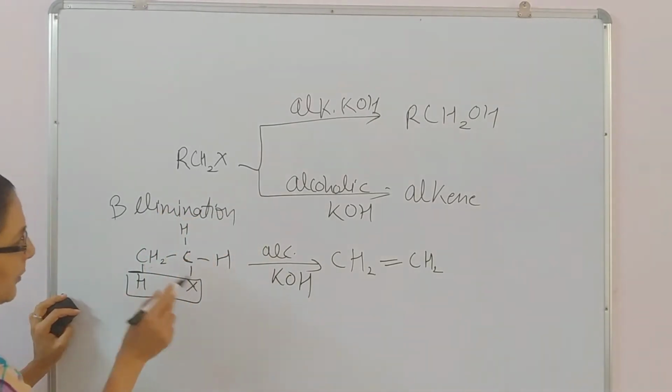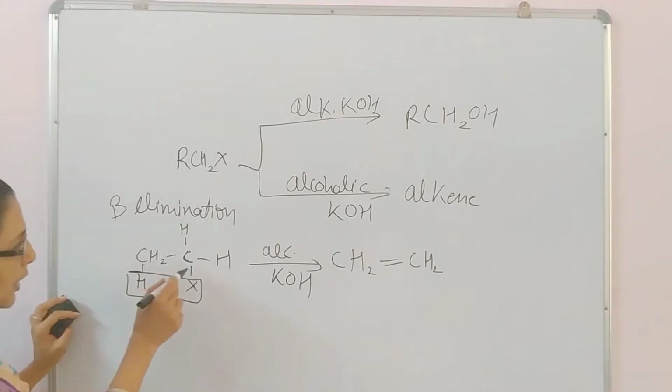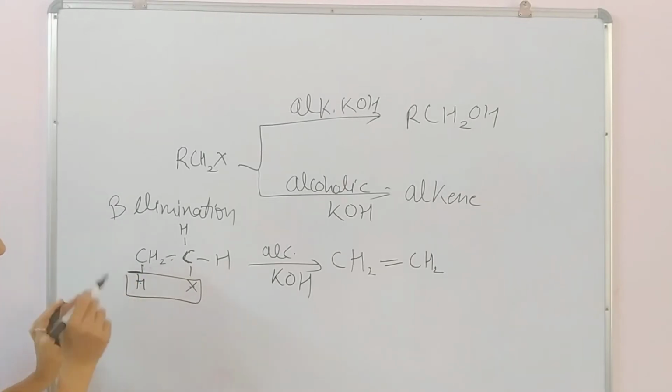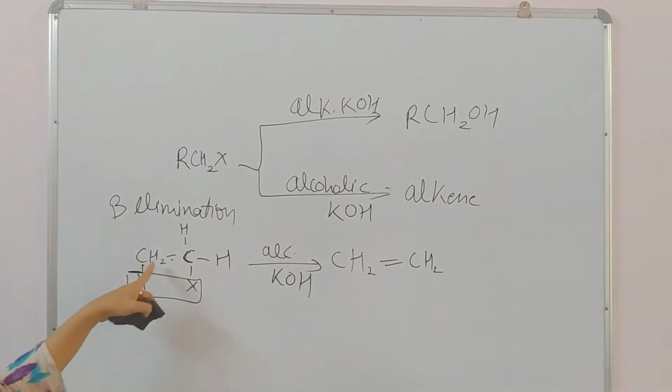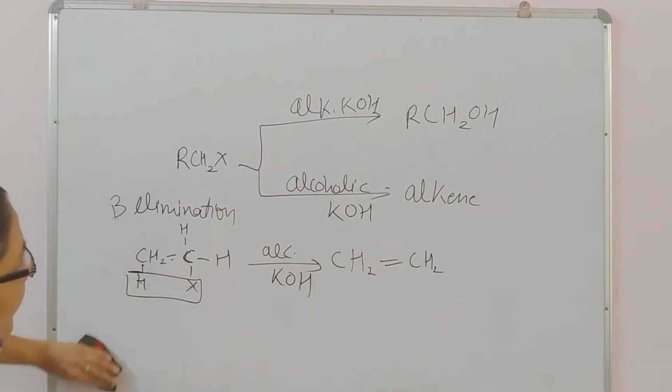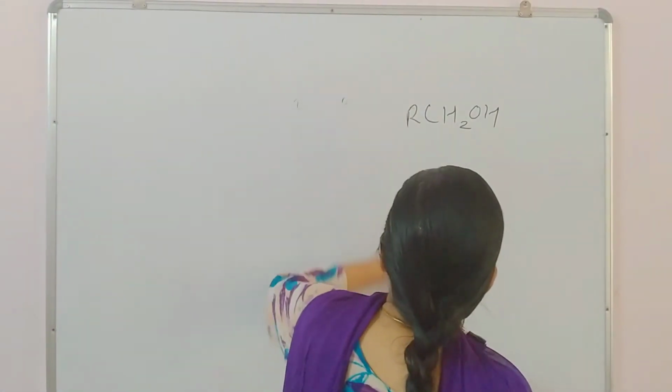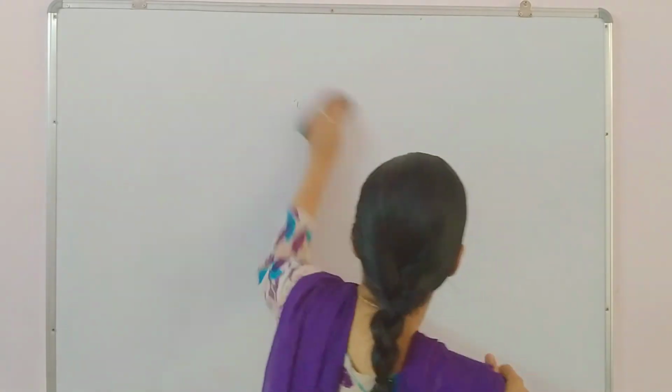You know very well what happens in beta elimination: the hydrogen of the carbon next to the carbon attached with the halogen will be removed. Okay, here only this is the option. Now I am taking some more examples.